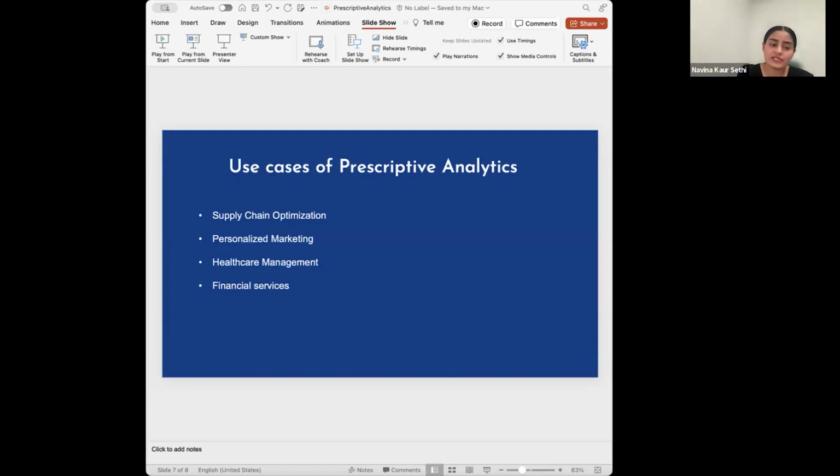In the financial sector, we can take the example of American Express, which has used prescriptive analytics to save millions of dollars of potential losses and increase trust among cardholders, because they have improved their security measures using that data. So these were a few examples of prescriptive analytics and how it is used in the industry.